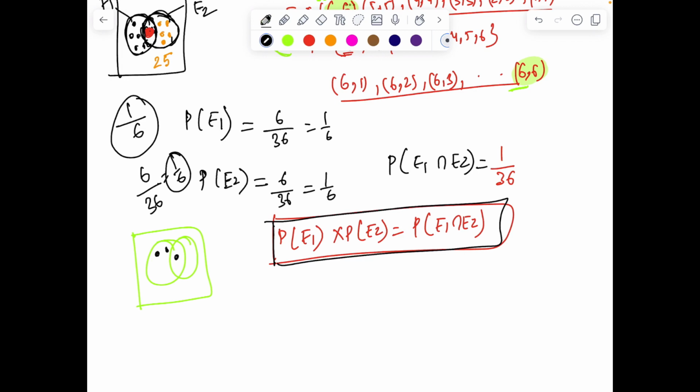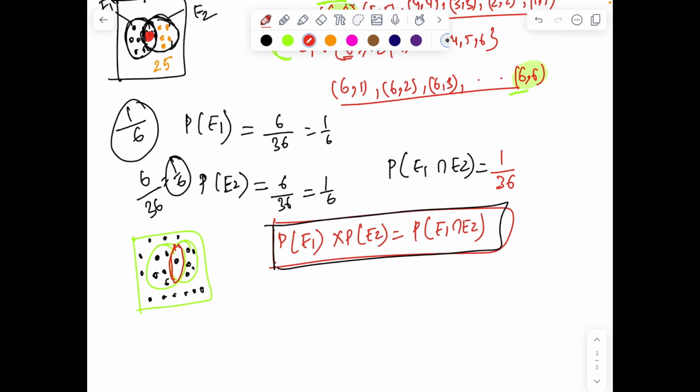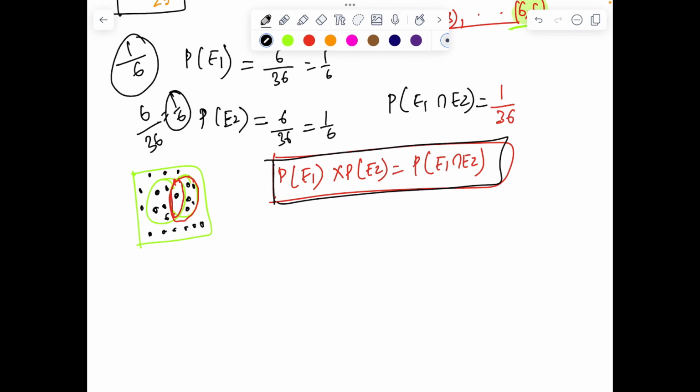We have one object, 1 2 3 4 5, 1 2 3 4 5, and what remains is 1 2 3 4 5 6 7 8 9 10 11. So you see, clearly the part of happening of event E1 in E2 is the same as the part of happening of event E1 in the entire sample space, or vice versa. The part of happening of E2 in E1 is the same as the part of happening of E2 in the entire sample space. If that is the case, then we call these two events mutually independent.